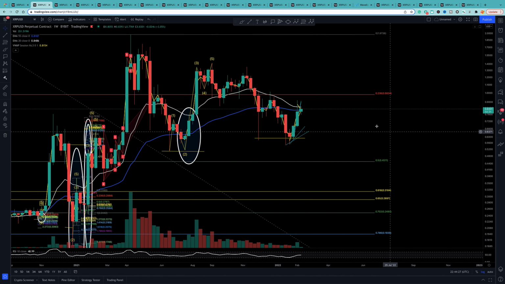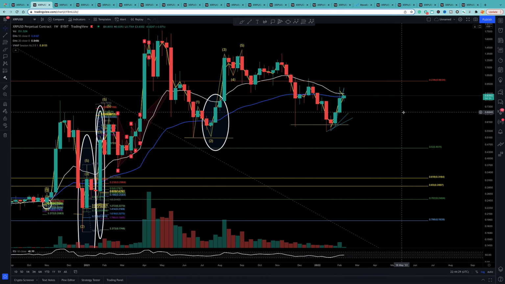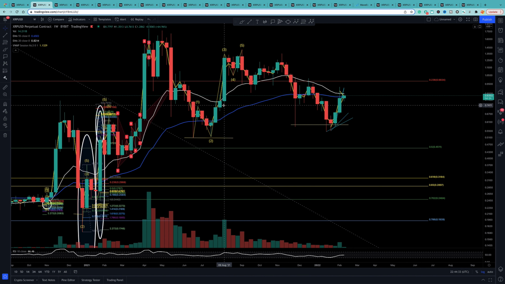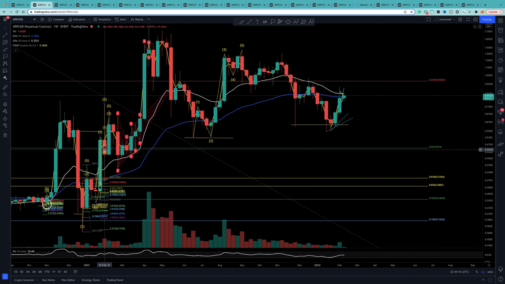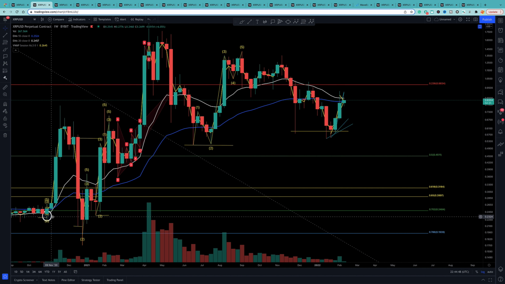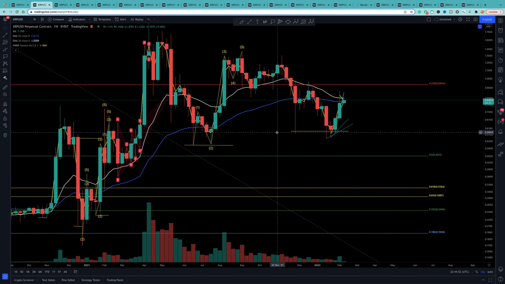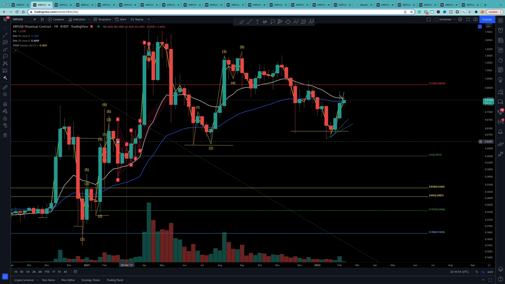Where if we go into the weekly, just tidy this up a little bit. So now here, look at the weekly.